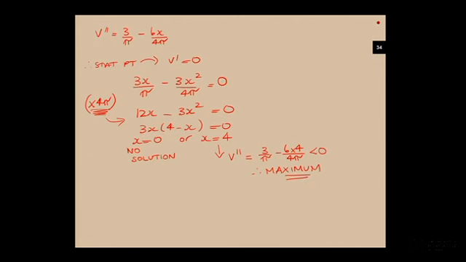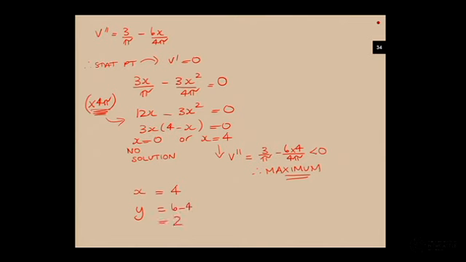The question said, what are the dimensions of the rectangle? We need an x and we need a y. So we've got x is equal to 4. And our y statement was 6 minus x, if you look back to your constraint and how we made y the subject. 6 minus 4 is 2.